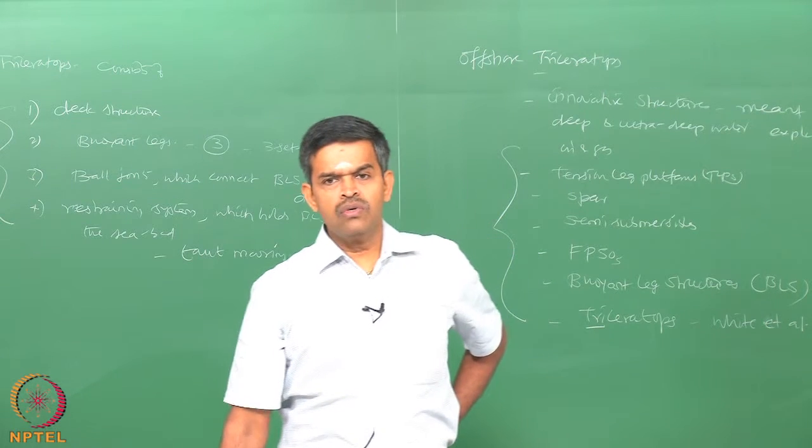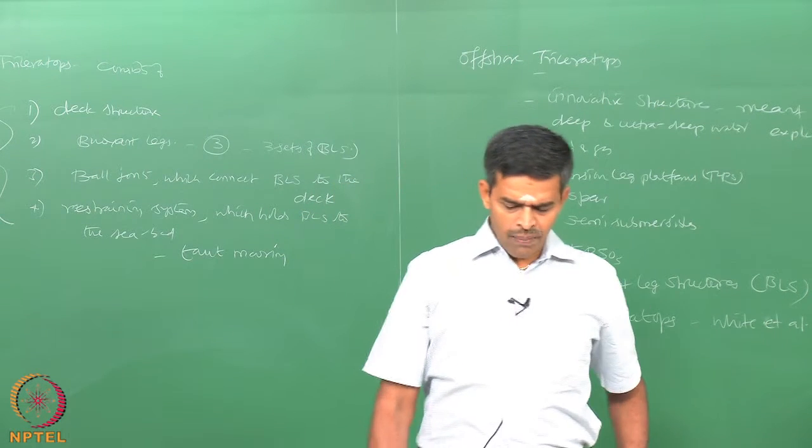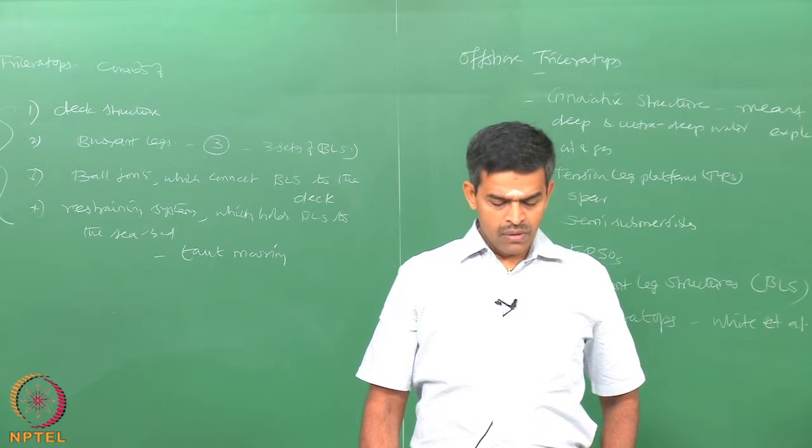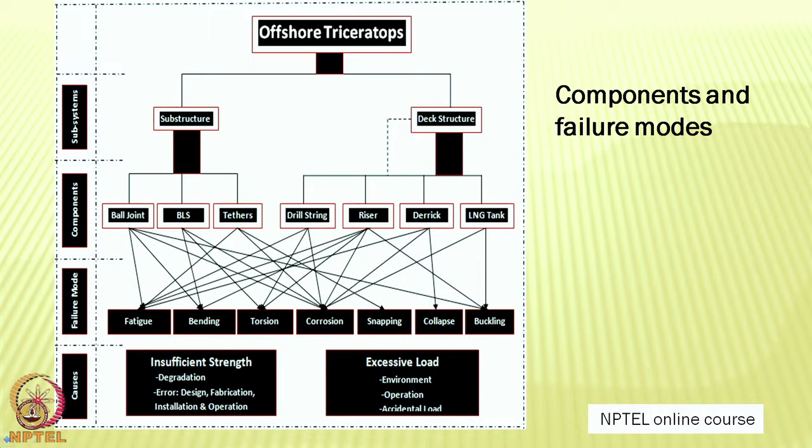Now, let us look into the components of a triceratops and the failure modes. Please pay attention to the figure shown on the screen now. Let us say offshore triceratops has essentially two systems, substructure and the deck structure. Substructure contains the buoyant leg systems, the tethers and the ball joint.